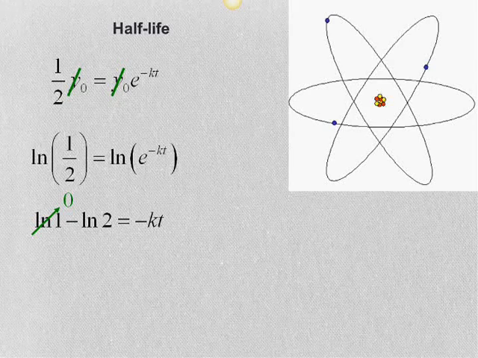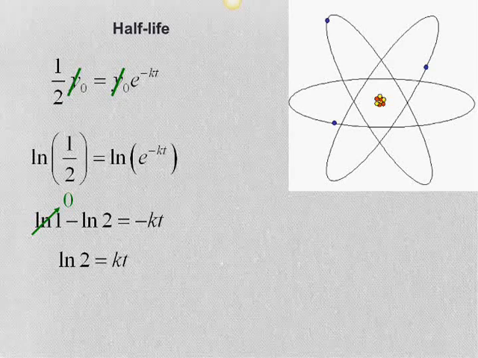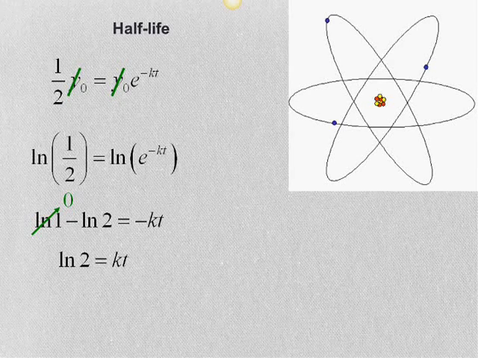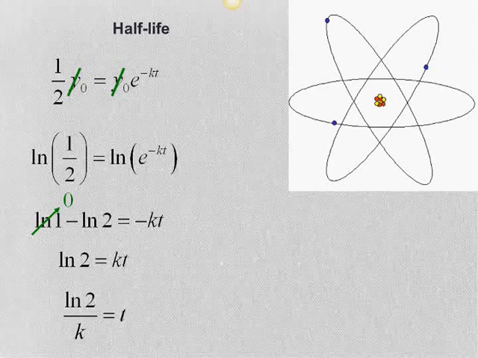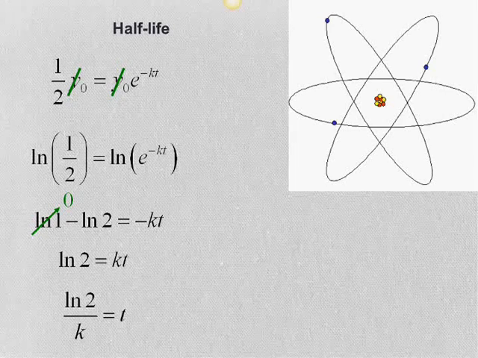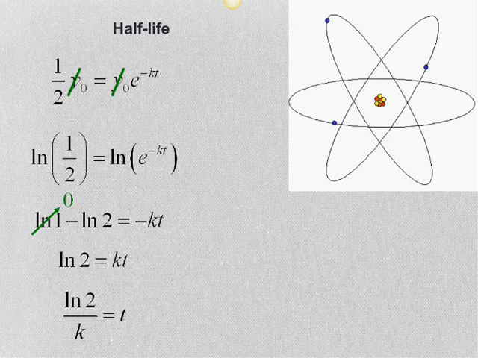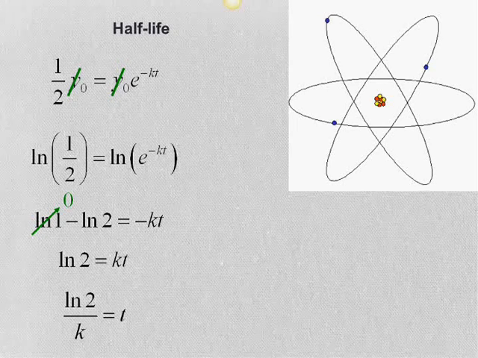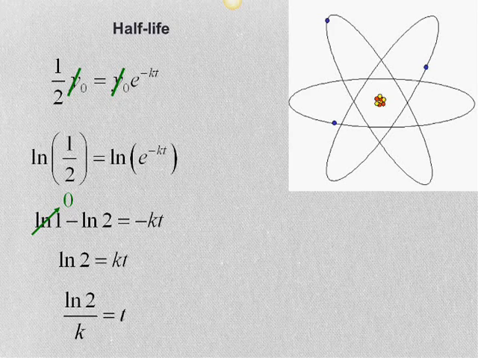If I divide off that negative, I have natural log of 2 is equal to kt. If I divide off my k, my half-life is the natural log of 2 over k. That's the amount of time it would take for half of my item to decay. So our half-life is dependent only on our k value, or our rate of decay.